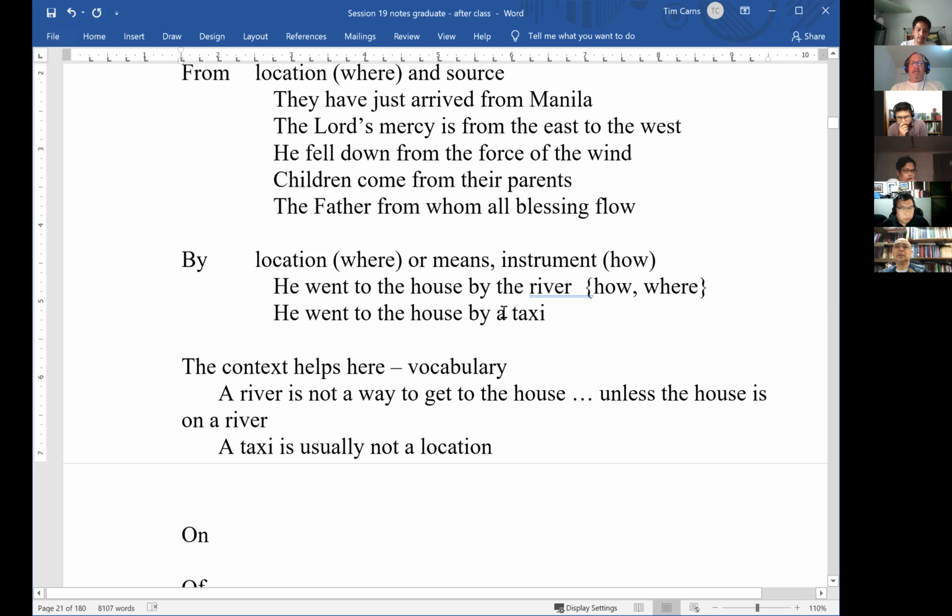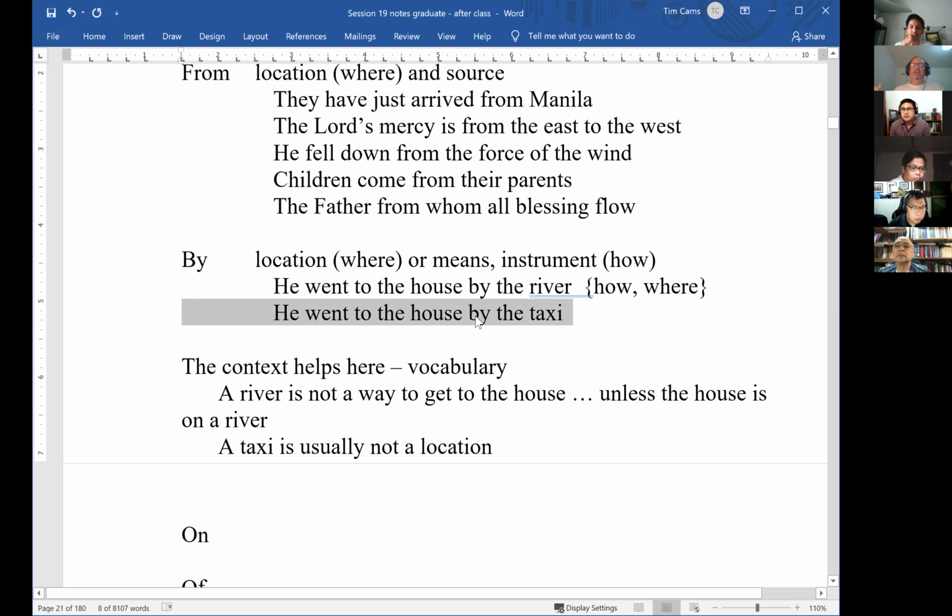So again, context will tell us how this is functioning here. From just one short sentence, we can't necessarily know which way it is. We need more around it to give us an indication. So again, we're reminded, context is very important, but it shows you that you can take the same exact statement and that word by can be used in two different ways.